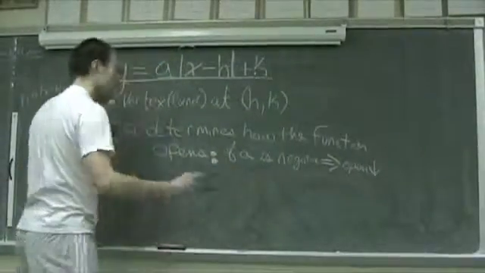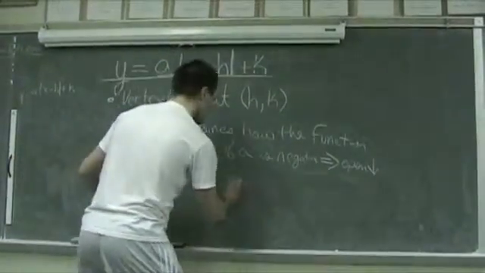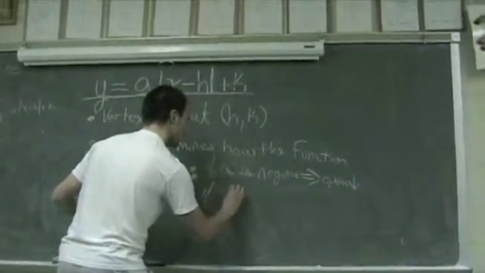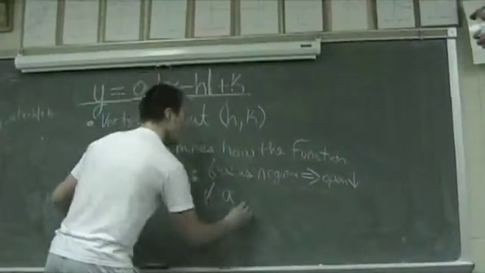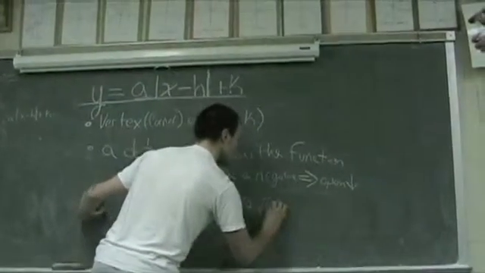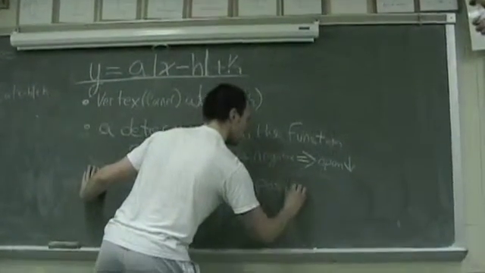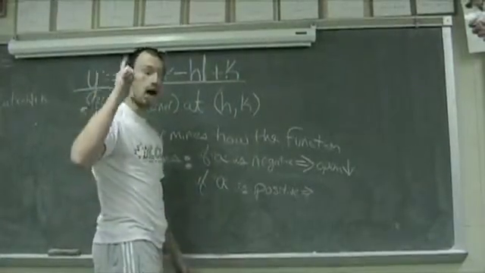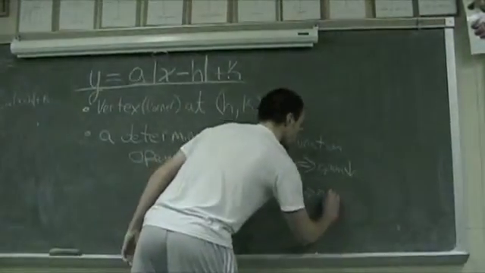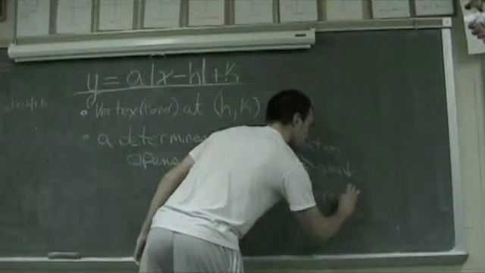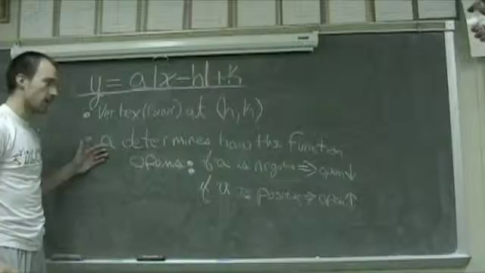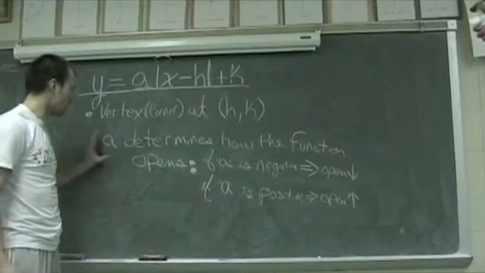And if a, this quantity a here, is positive, then we will open up. Those are our first set of properties with a.